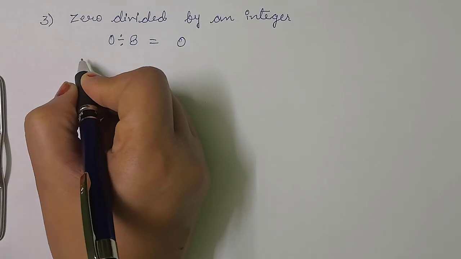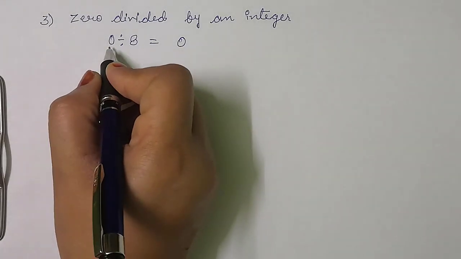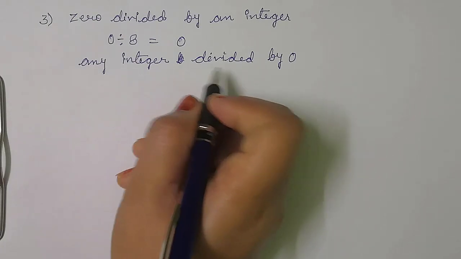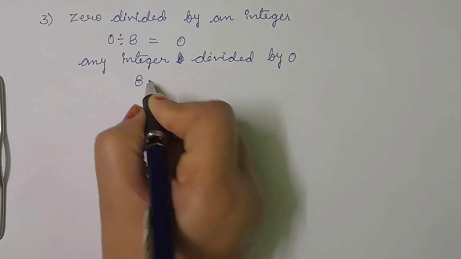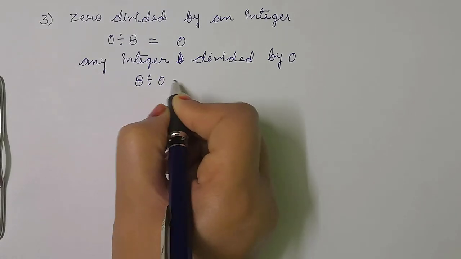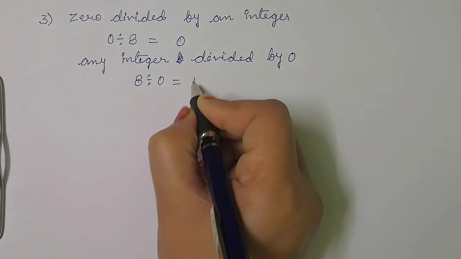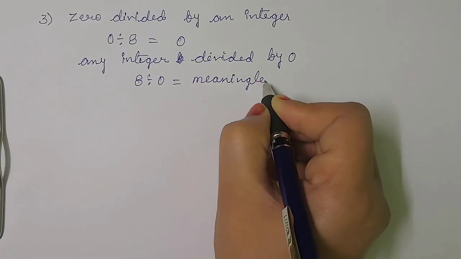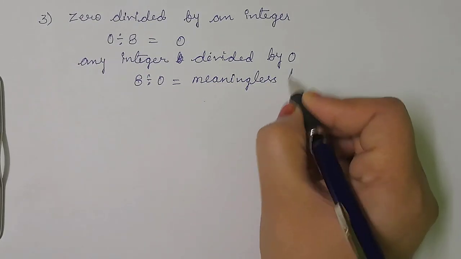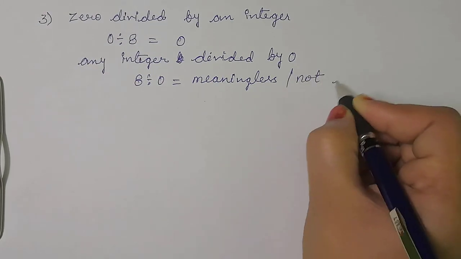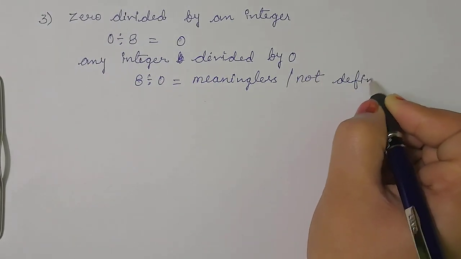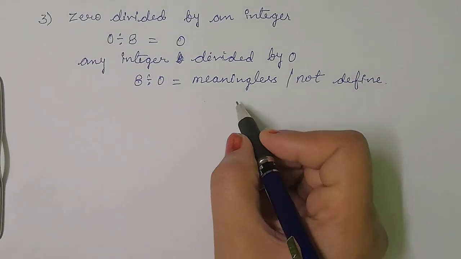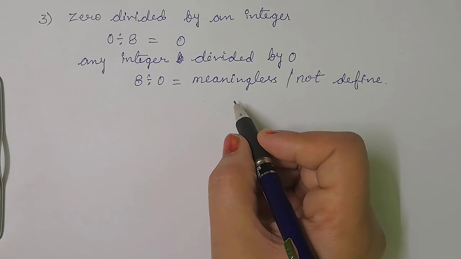And what happens if we divide any integer by 0? Let's see. 8 divided by 0, that would be meaningless, or we can say not defined. When we divide any integer by 0, then we can't define the answer.